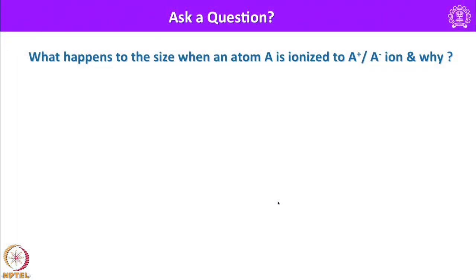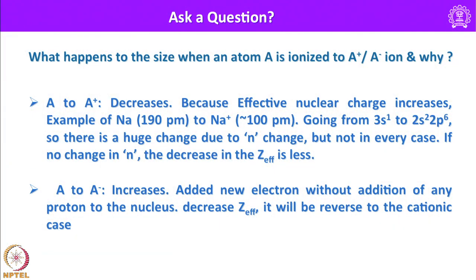So, let us look into another interesting question. What happens to the size when an atom A is ionized to A plus or A minus? This already we discussed. When we add an electron, an anion is generated, and when we remove an electron, a cation is generated. In general, when you consider the radius A to A plus, it should decrease because the effective nuclear charge increases. Now, remaining electrons are held more firmly by the nucleus.